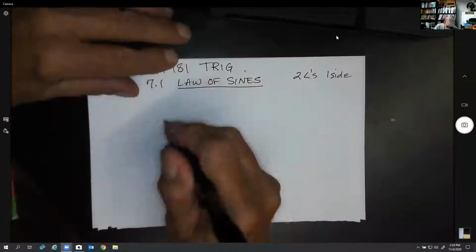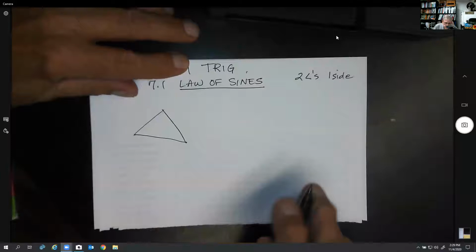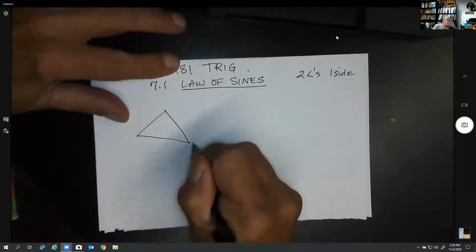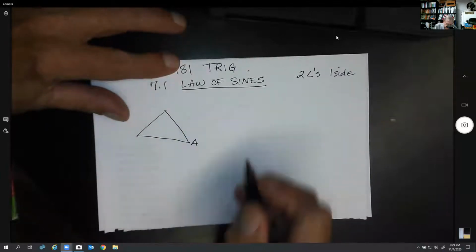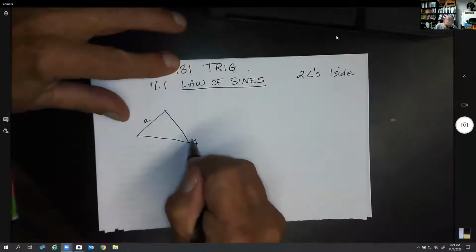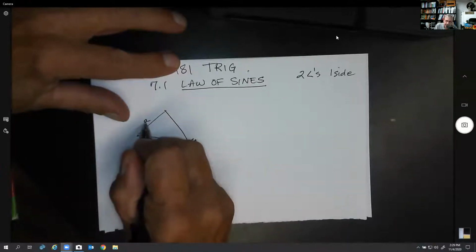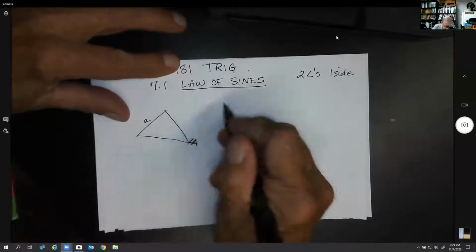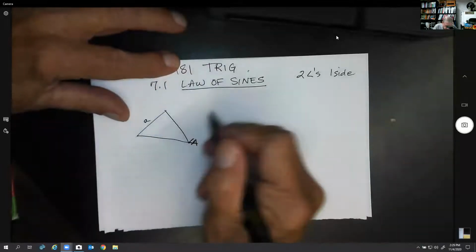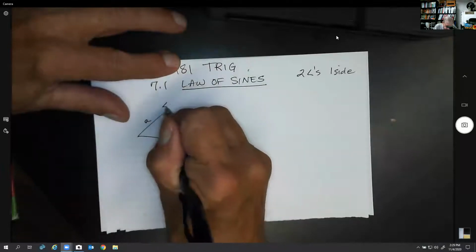Now, when we have a triangle, okay, and let's say this is angle A, then opposite of that is side A. Opposite angle A is side A. This could be any one we can call them because it's not necessarily a right angle.